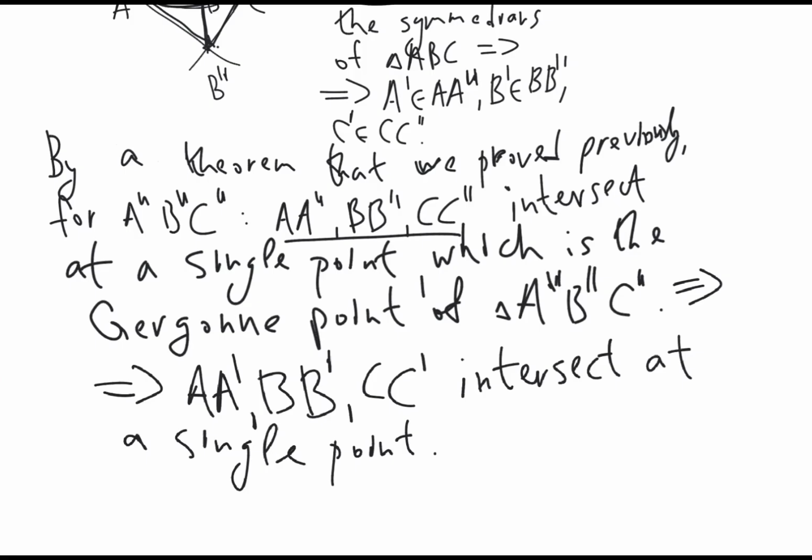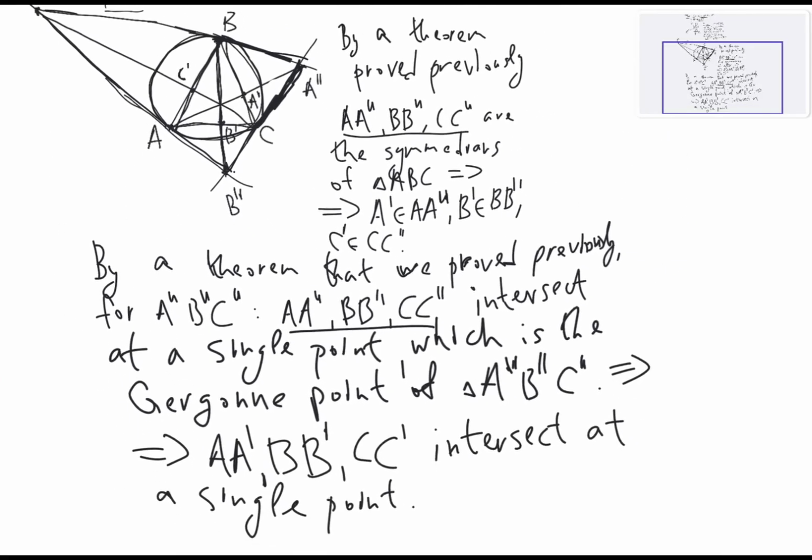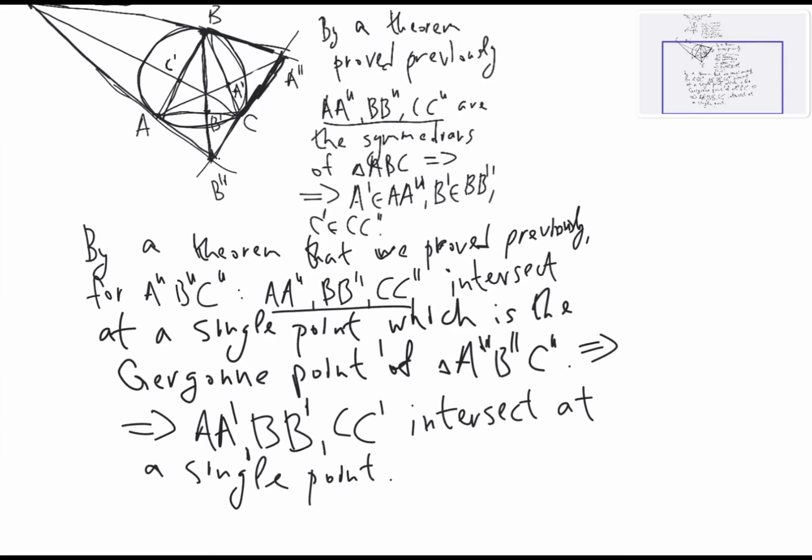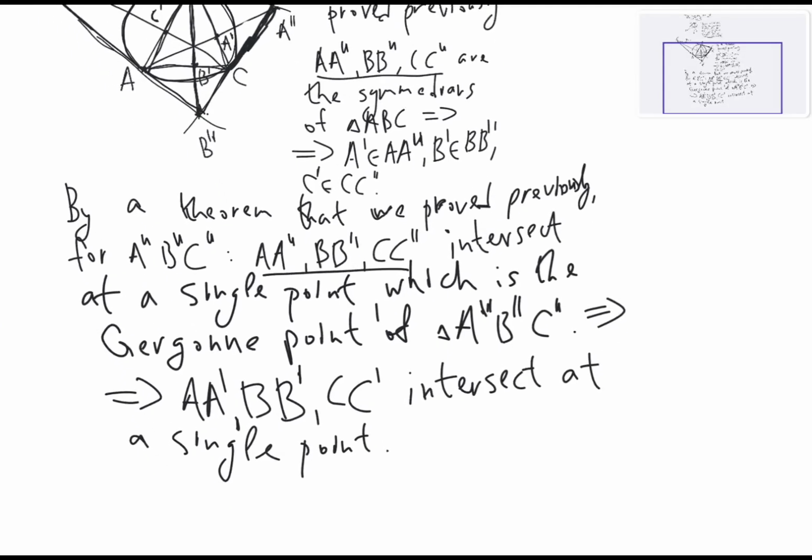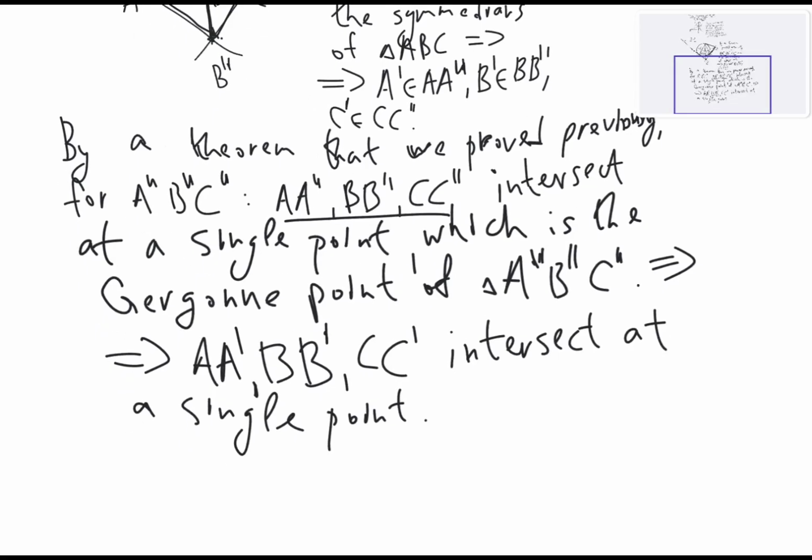This point is called the Lemoine point of the triangle ABC. So the Lemoine point of the original triangle coincides with the Gergonne point of the tangential triangle. That's it for this video.